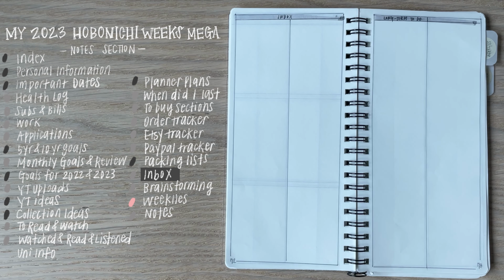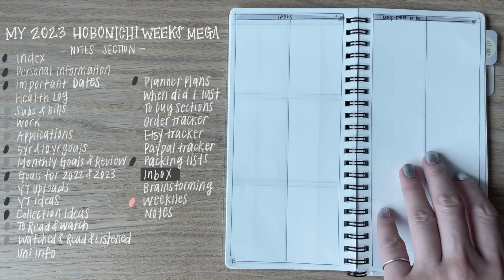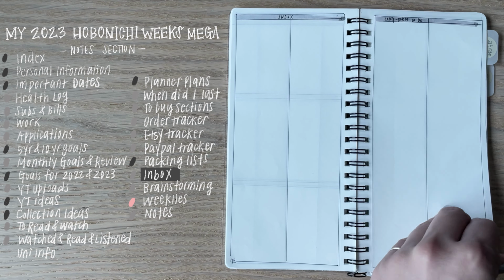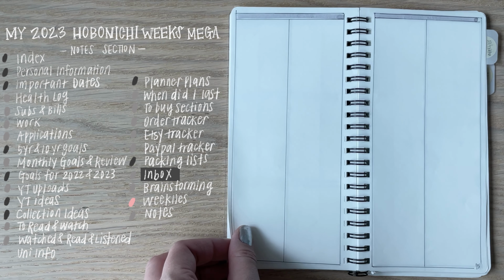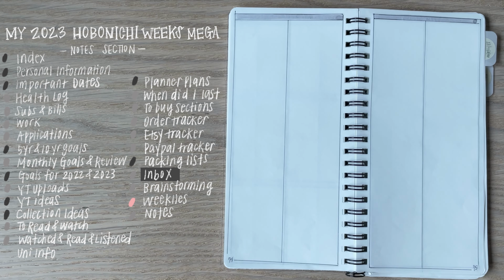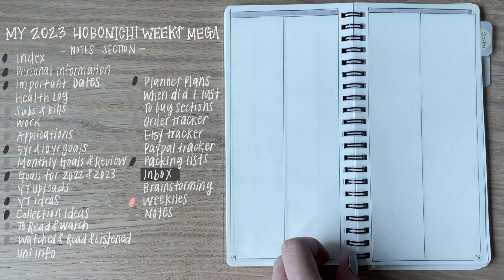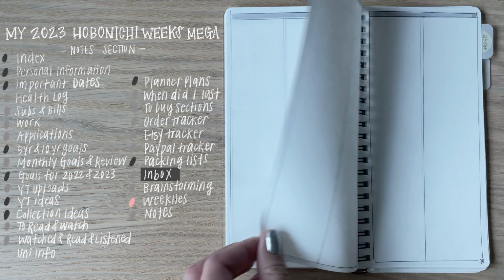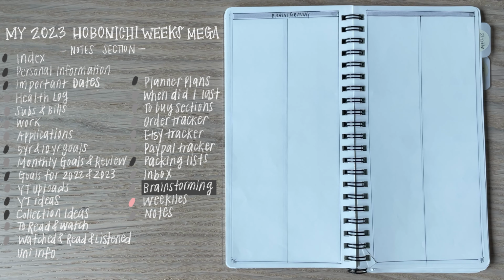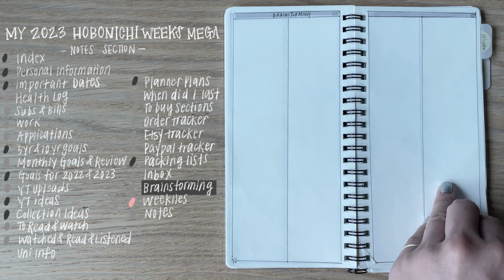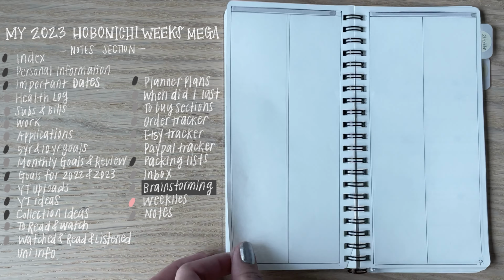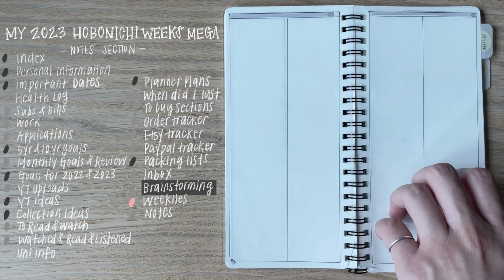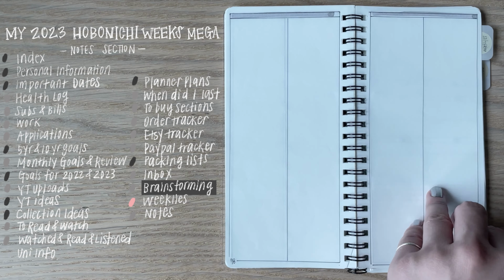I don't really reference the current inbox section I have in my Hobonichi Weeks, but I do want to utilize it more, so I carried this over into my 2023 mockup. And the next section is my brainstorming section, which I also have currently, and I realized that I write in this section quite a bit, so I allotted a few more pages here.